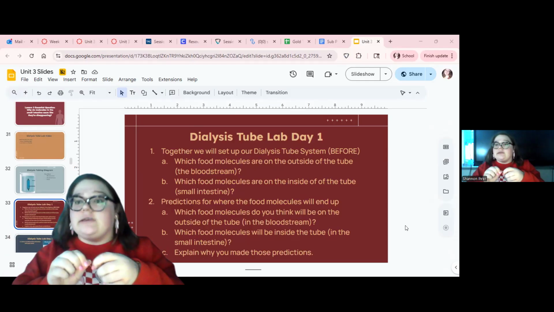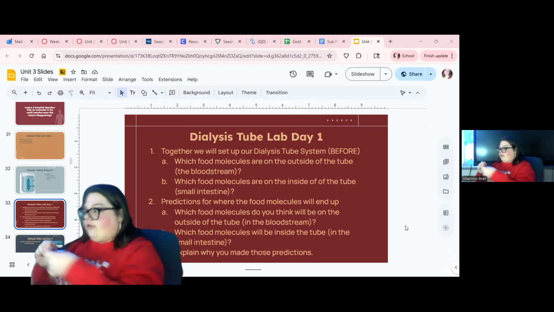Knot it a couple times, and of course my lights turned out. Let me grab that.